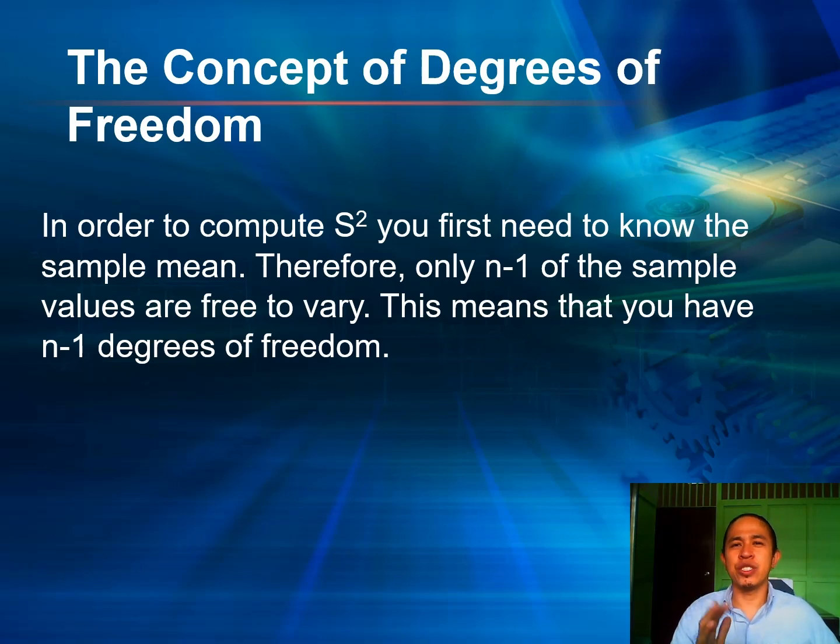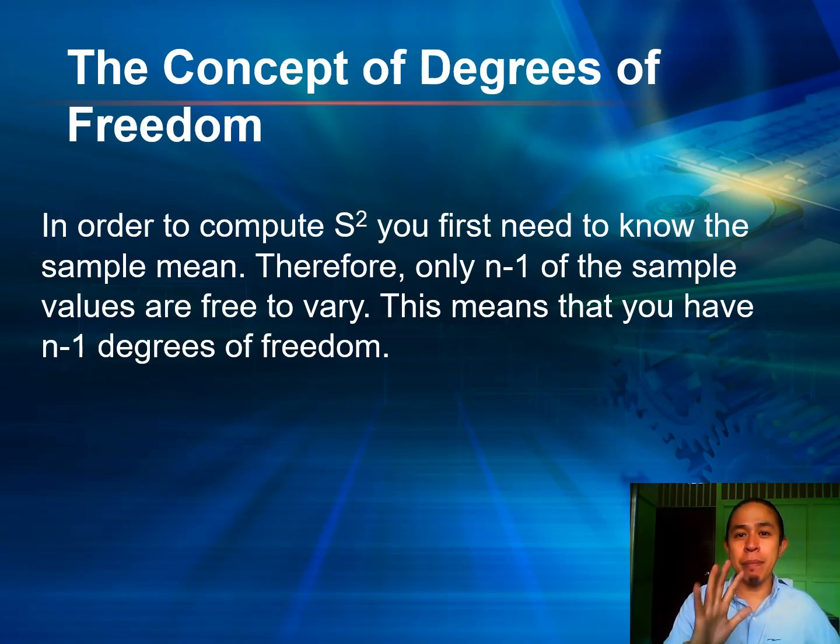So, what is degrees of freedom? For example, if you have 5 samples, these 5 samples should be scores. Say you have 5 samples and the average should be 20.